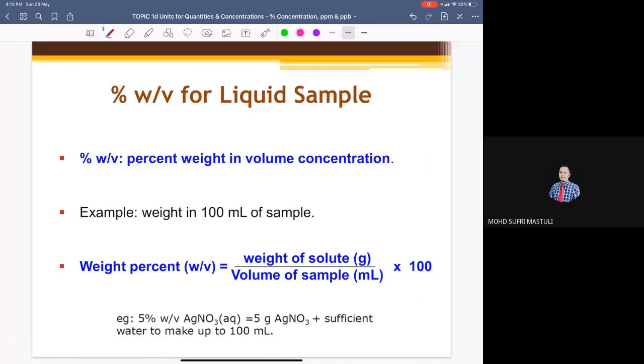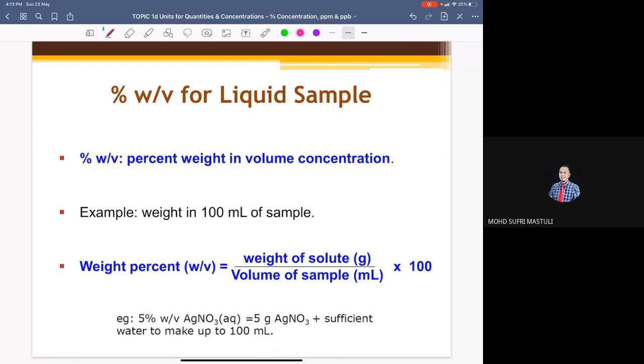Now moving forward to the percentage concentration weight per volume. Because it's per volume, this unit of concentration is normally used for liquid samples.